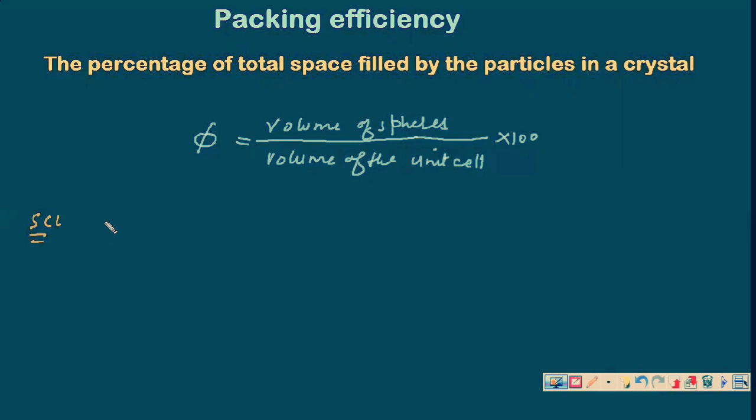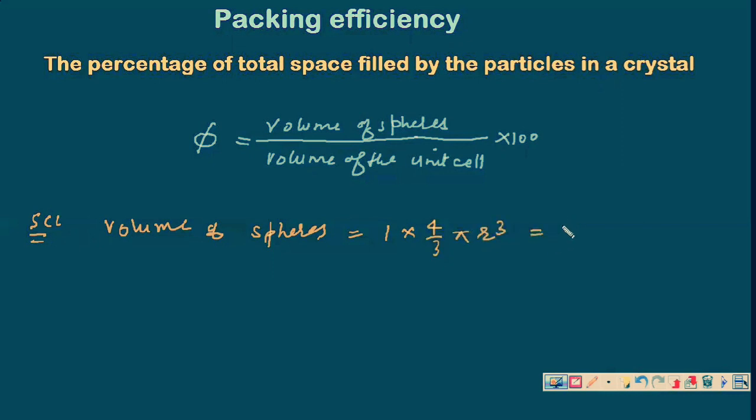So the volume of spheres: how many particles are there in SCC? One, and the volume of one sphere is 4 upon 3 pi R cube.